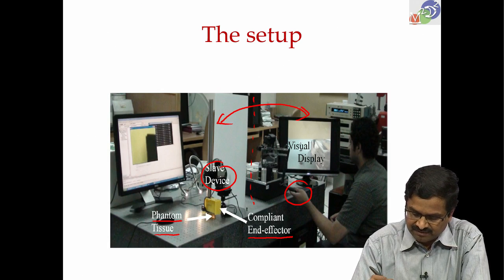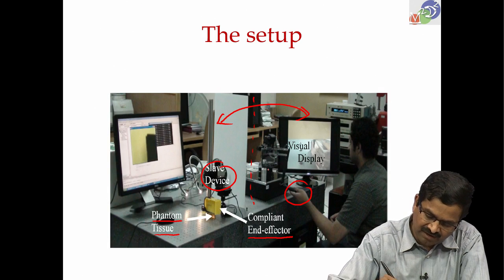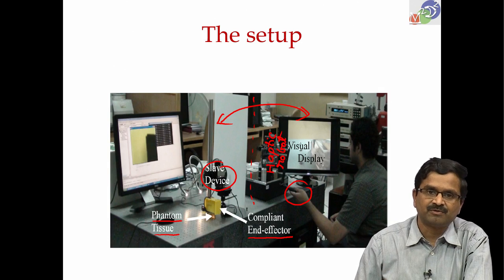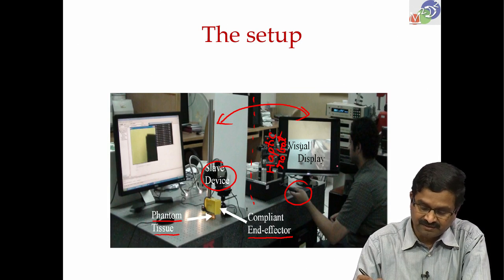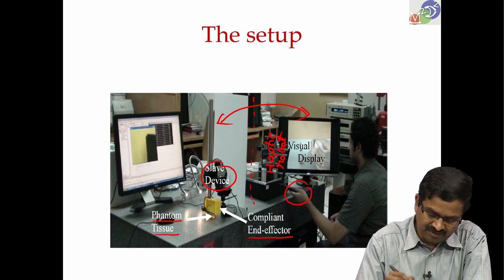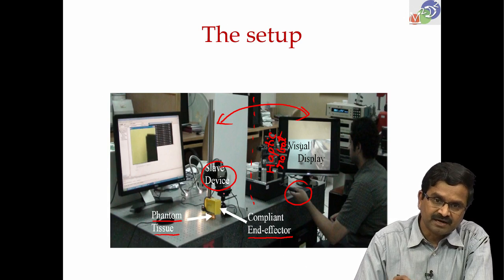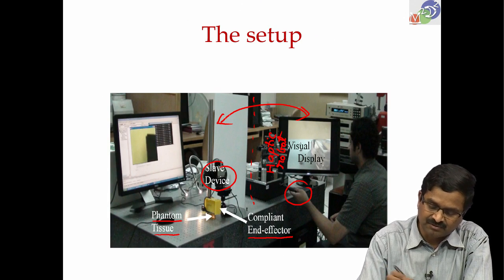The device held here is a haptic robot. This is a Phantom device, a haptic robot. The movement of the hand here is communicated to the slave device, and the slave device moves. As the slave device moves, the cutting force on the phantom tissue is measured, and that goes back here.